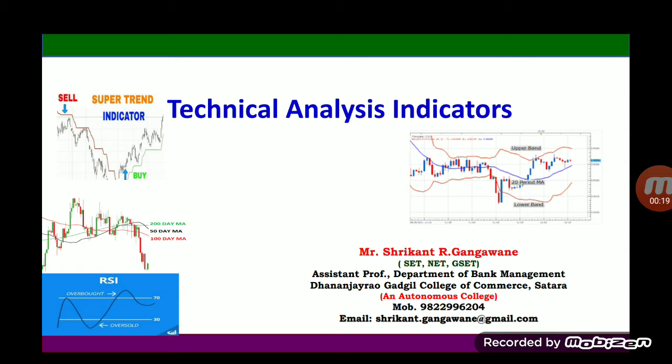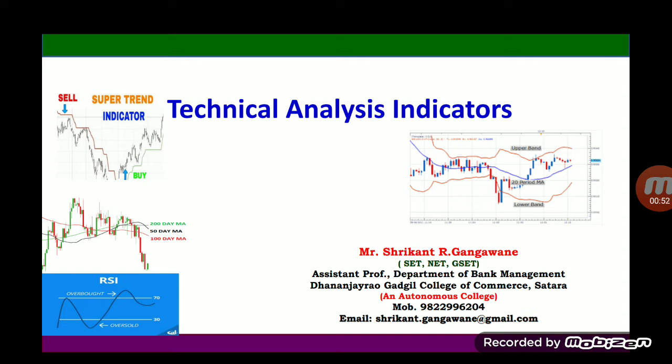One must know the different technical indicators to identify the opportunities in the market, the entry and exit points in the market, and to analyze a particular stock or securities. It is necessary to know the major indicators of technical analysis.